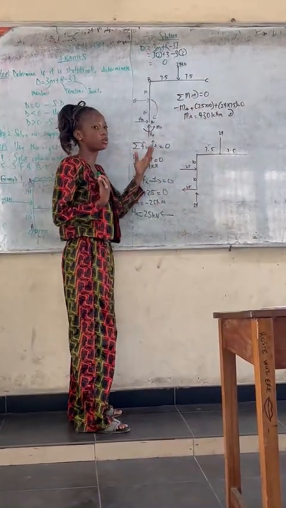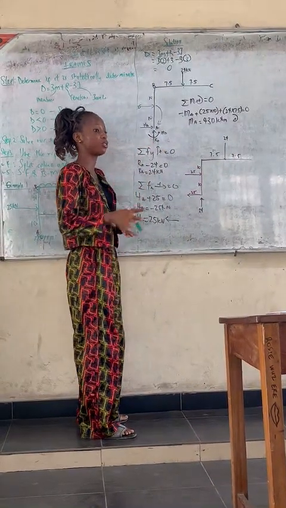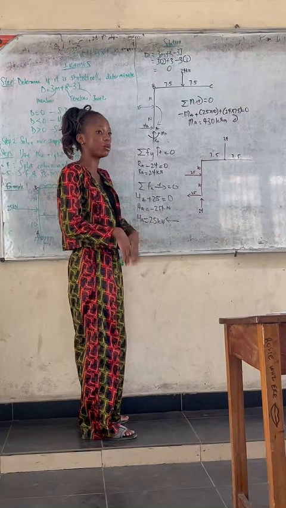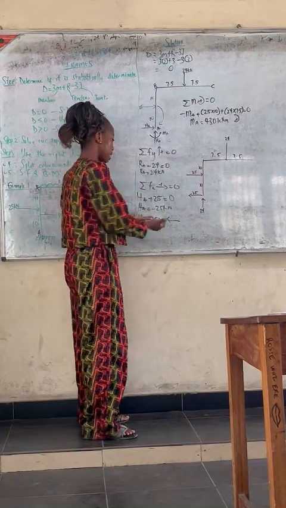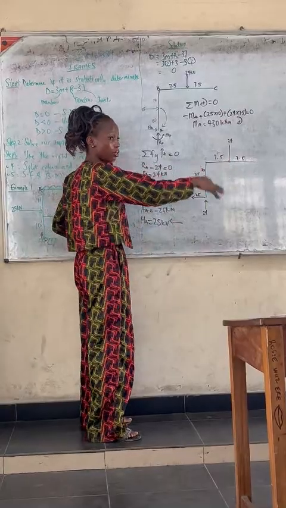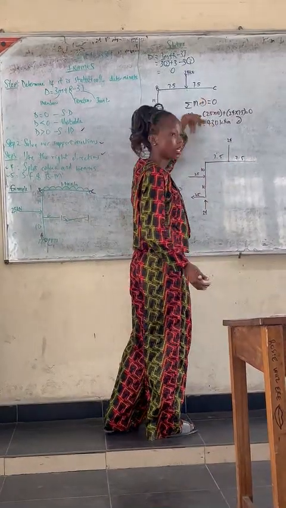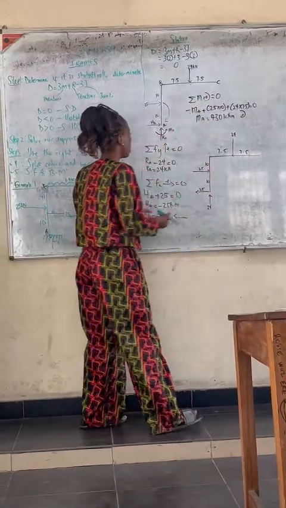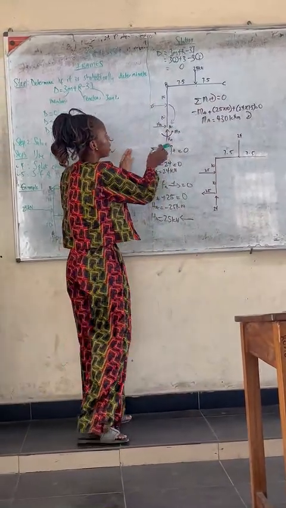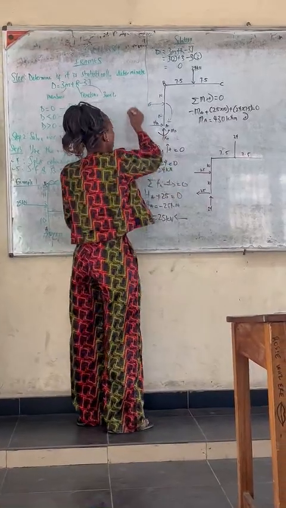Now, I'm choosing any force going upward as positive. You can decide otherwise and choose downward as positive. Here also, I'm choosing any force going to the right as positive, and for the moment I'm picking clockwise as positive. So for the upward forces, we look at the forces in the vertical direction.